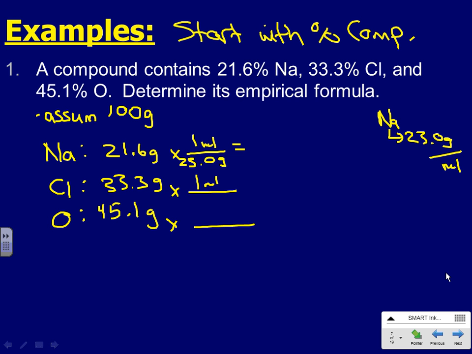What's the molar mass of chlorine? Have we found it? 35.5 grams. And 1 mole mass of an oxygen? Yeah, 16.0. Hopefully we've got that one memorized. And now you're going to come up with 3 numbers.